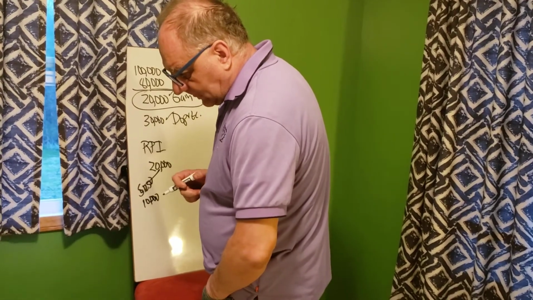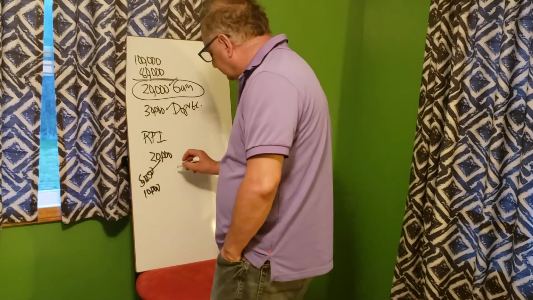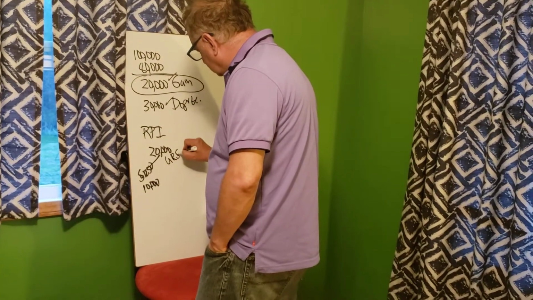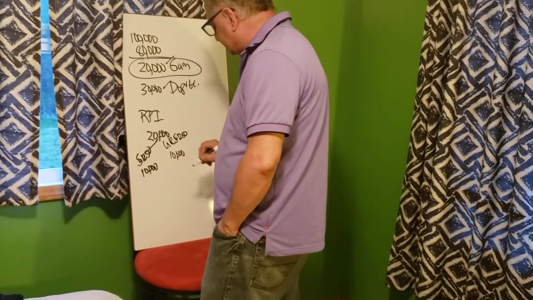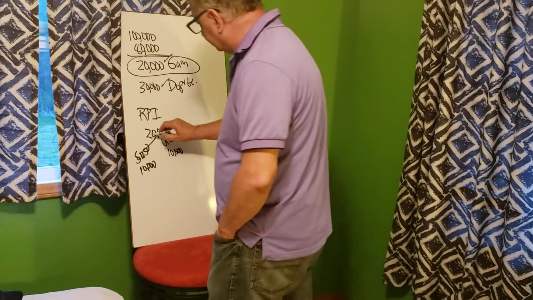And then my unrecaptured section 1250 gain is going to be the remaining $10,000, and that's all.